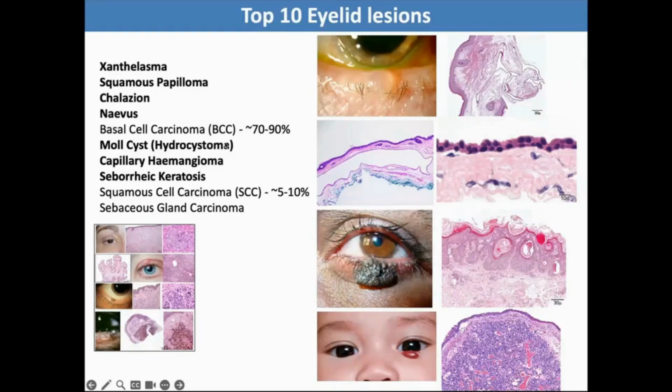So also we have capillary hemangiomas, which more often than not occur in children or in babies, and have the classic morphology of a capillary hemangioma in other locations. More often than not they are well circumscribed and can be removed surgically.